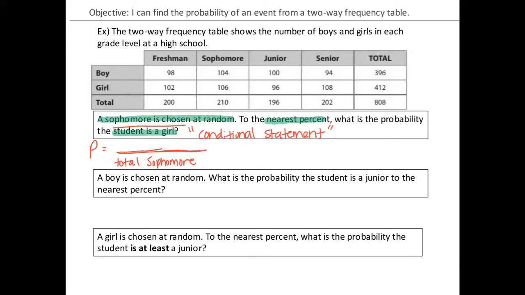Okay, so in this case, I have my sophomores. The total is 210, but out of the sophomores, how many of them are girls? A student that's a girl, given it's a sophomore. So I would get the sophomore girls in the numerator.